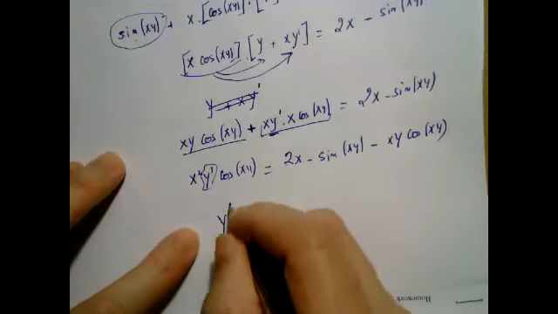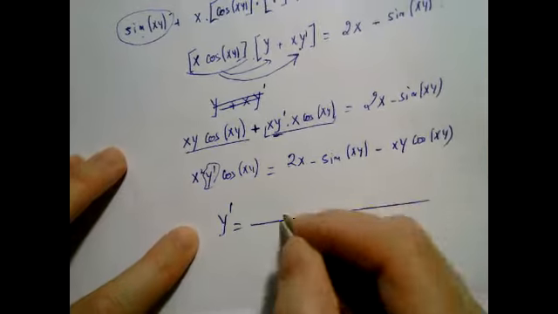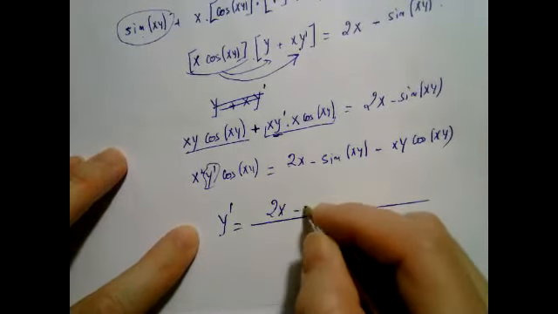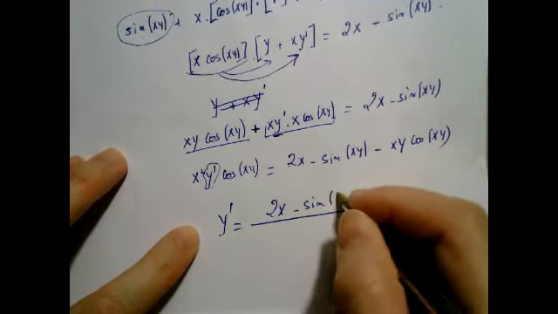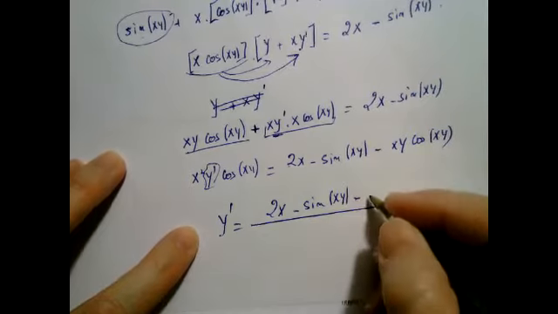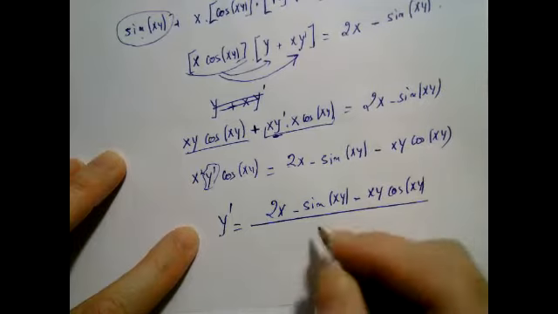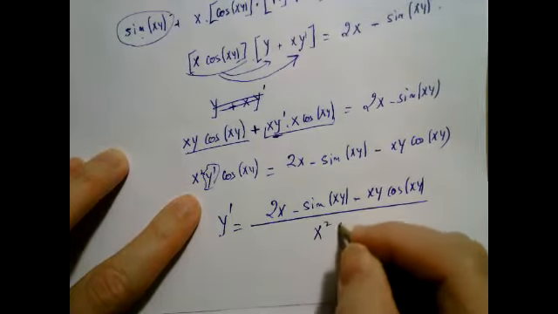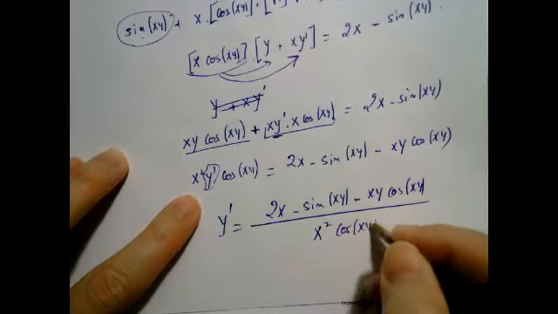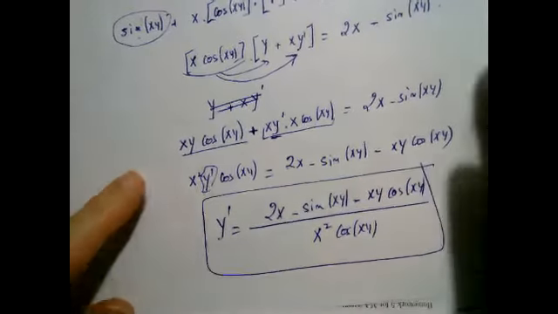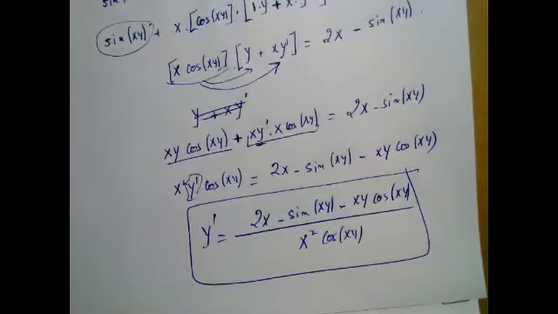So I will get y prime equal to x minus the sine of xy minus xy cosine xy divided by x squared cosine xy.